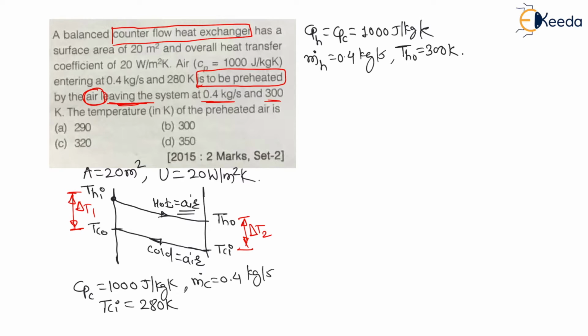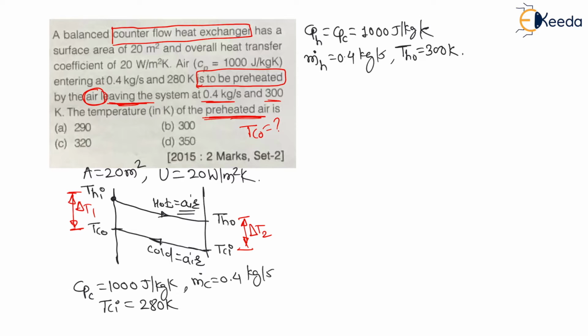Now they are asking for the temperature in Kelvin of the preheated air. We have to heat the cold air, so the question asks for the exit temperature of this cold air, that is TCO.